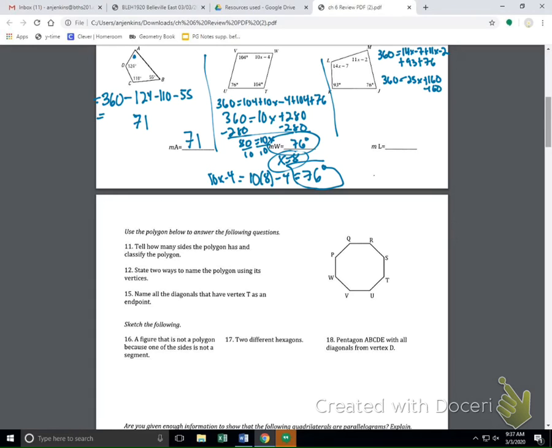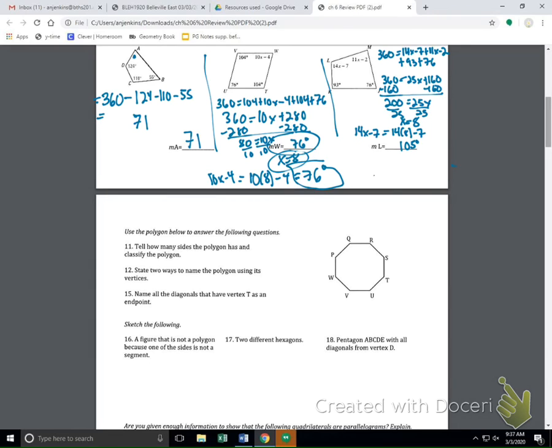Subtract 160. That gives me 200 equals 25x. Divide by 25. Yep, x equals 8. But again, that's not what the question's asking about. It's asking about angle L. Angle L has the formula 14x minus 7. So we're going to substitute in 8: 14 times 8 minus 7. 105.